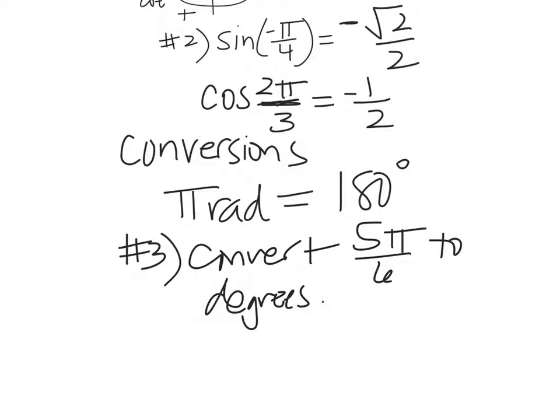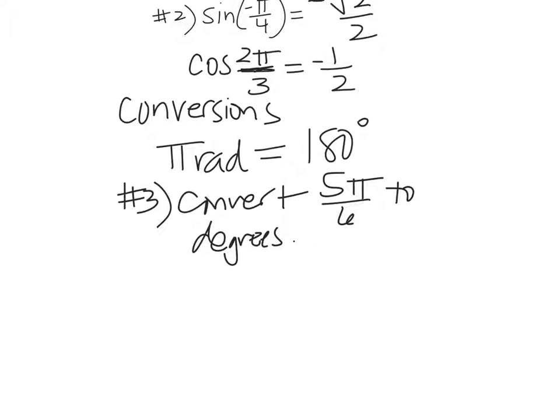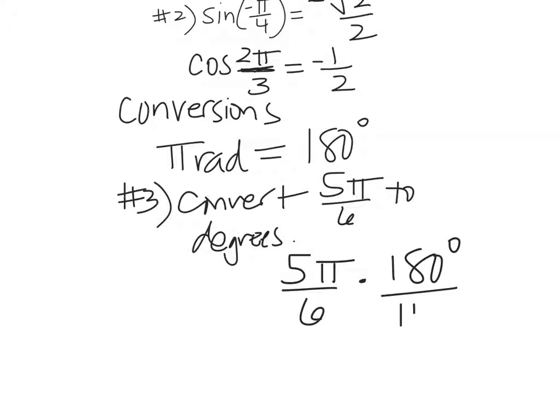Okay. So what you want to do, you know it's going to be less than 180, right? Because 6 pi over 6 is 180. So you would go 5 pi over 6 times, we want this to go into degrees, so we're going to put 180 degrees over pi radians.